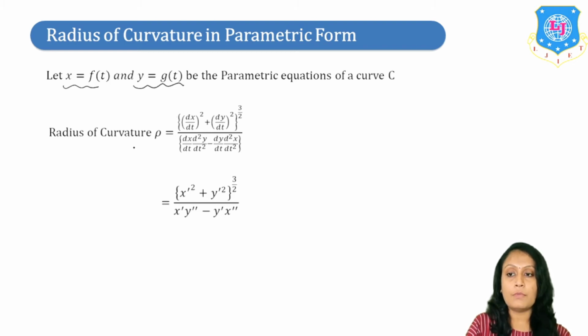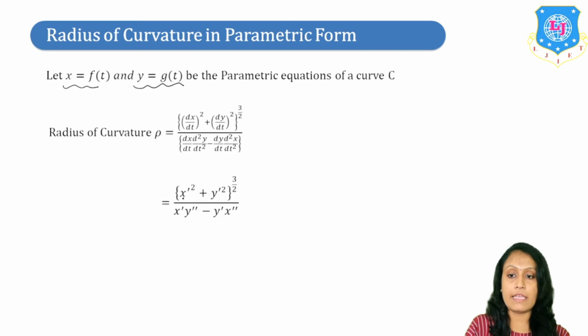So the formula for radius of curvature rho is given by ((dx/dt)^2 + (dy/dt)^2)^(3/2) upon (dx/dt)(d^2y/dt^2) - (dy/dt)(d^2x/dt^2).